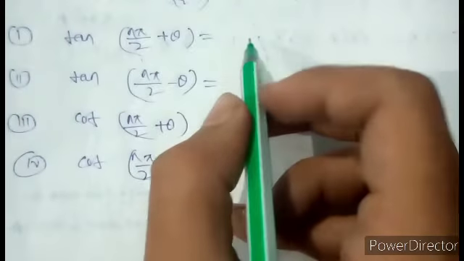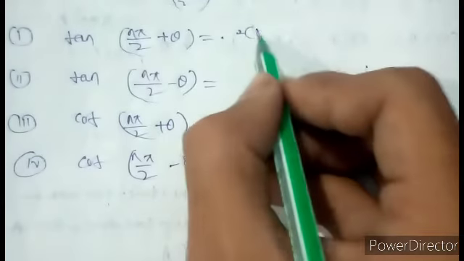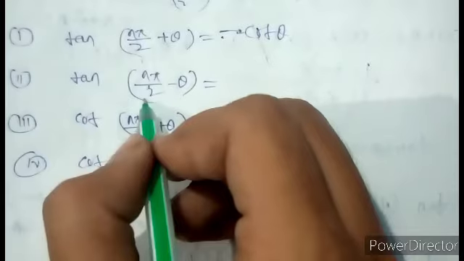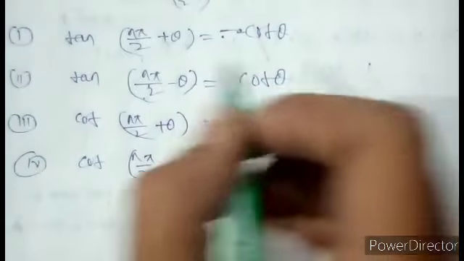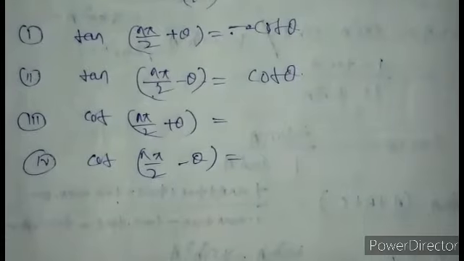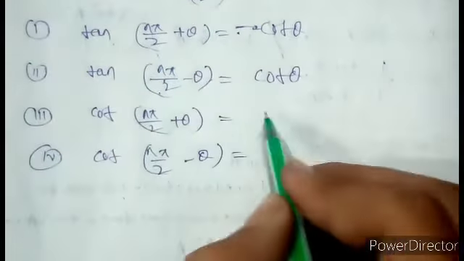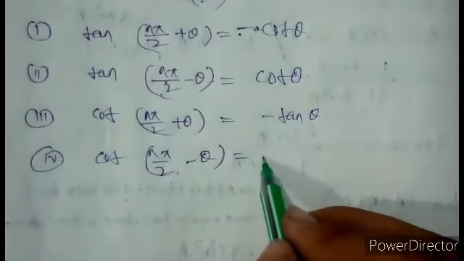That is, tan(nπ/2 + θ) is equal to minus cot θ. And tan(nπ/2 − θ) is equal to cot θ. Similarly, cot(nπ/2 + θ) is equal to minus tan θ, and cot(nπ/2 − θ) is equal to tan θ.